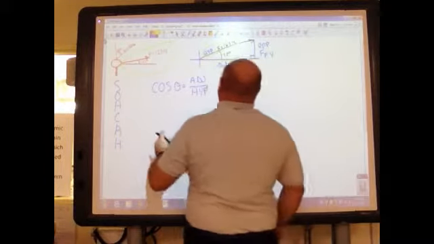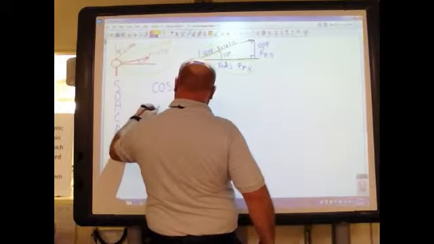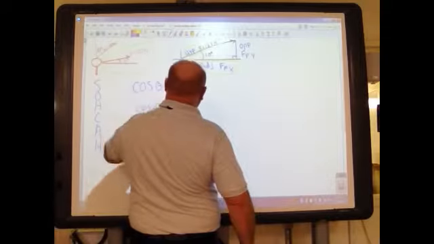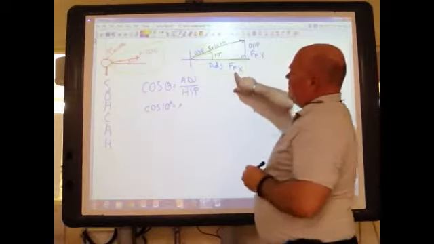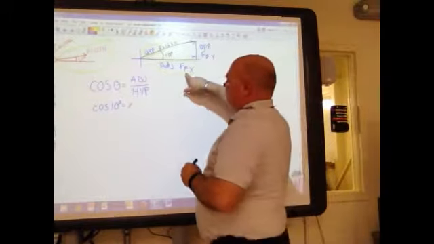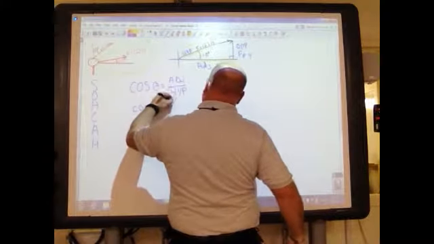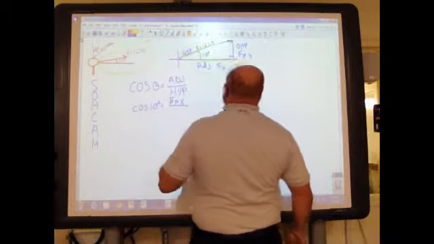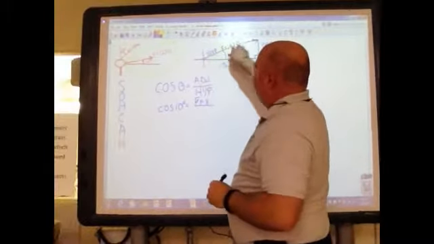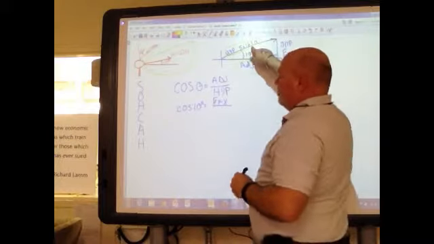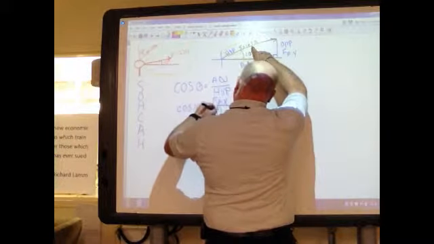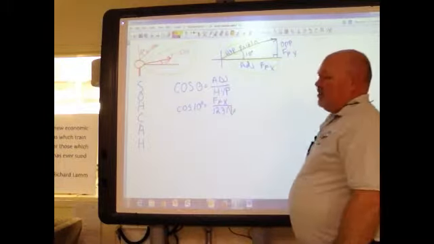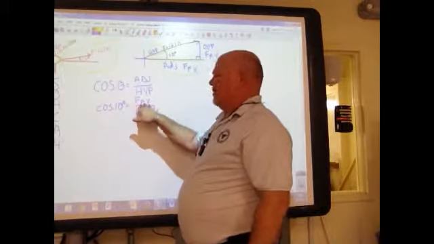The next step is to start substituting in what I know. So the cosine of 10 degrees equals, adjacent is also known as F sub x, so F sub x over my hypotenuse, 123 newtons. Now all I have to do is solve for F sub x.